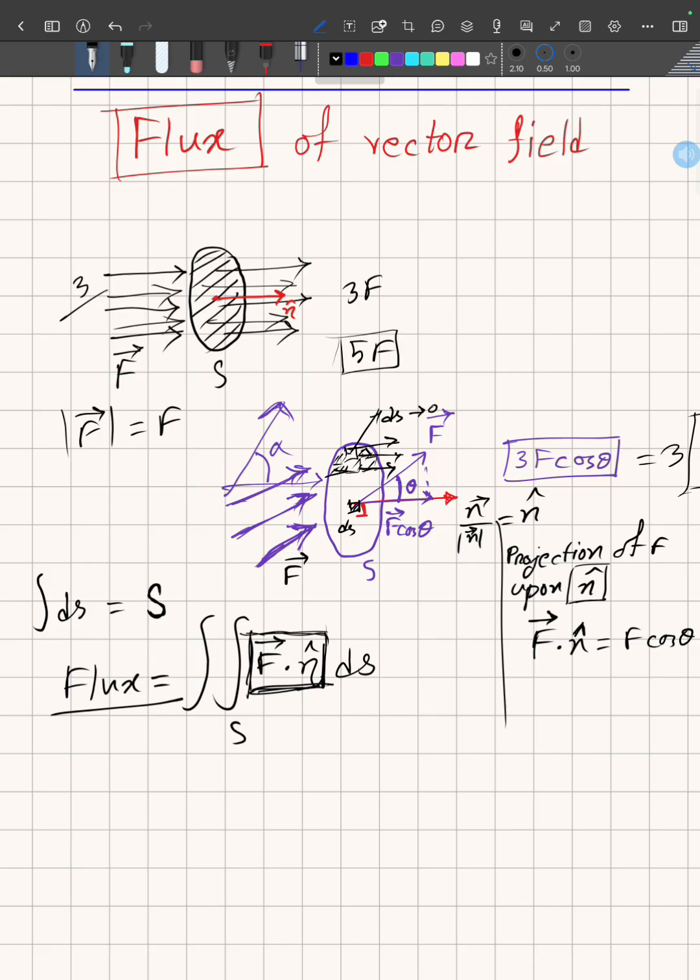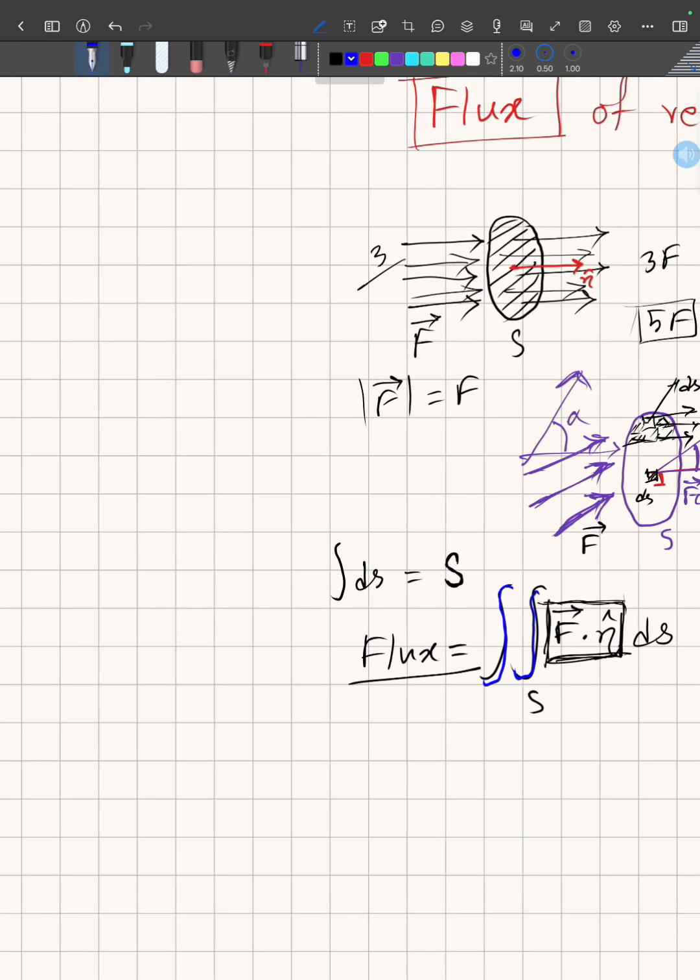And now the question arises: why are we double integrating this? Why is there a double integration? Why is there not a single integration? We're double integrating because to express any surface, we mostly need two parameters. Here, for example, a circle.